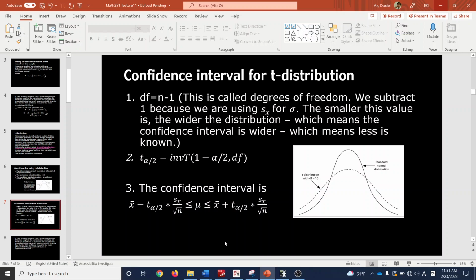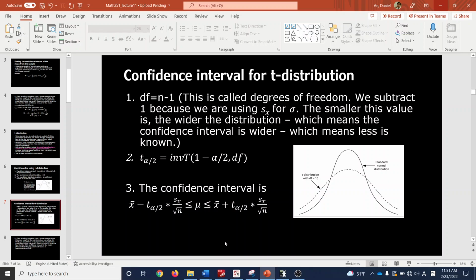That's basically the idea, right? But if that explanation is not sufficient for you, just remember for t-distribution, it's always df equals n minus 1. You don't have to fully understand how this is, but just remember degrees of freedom is always n minus 1 when you do the t-distribution.